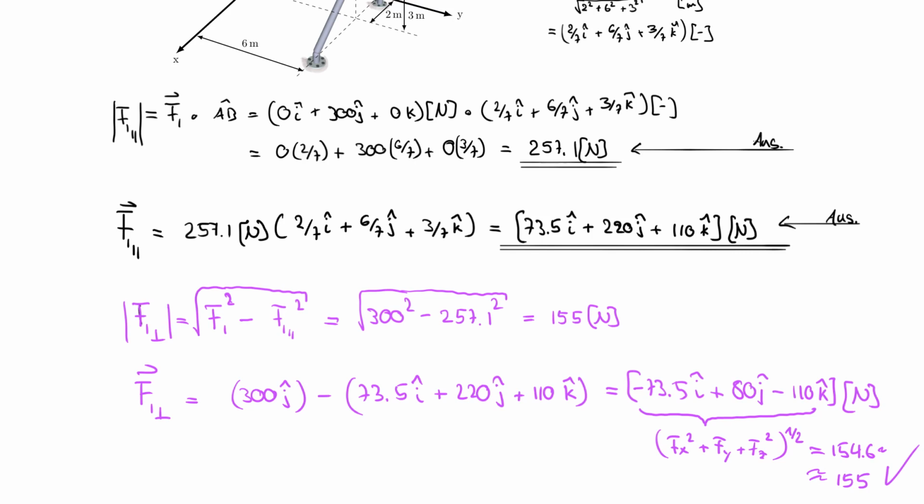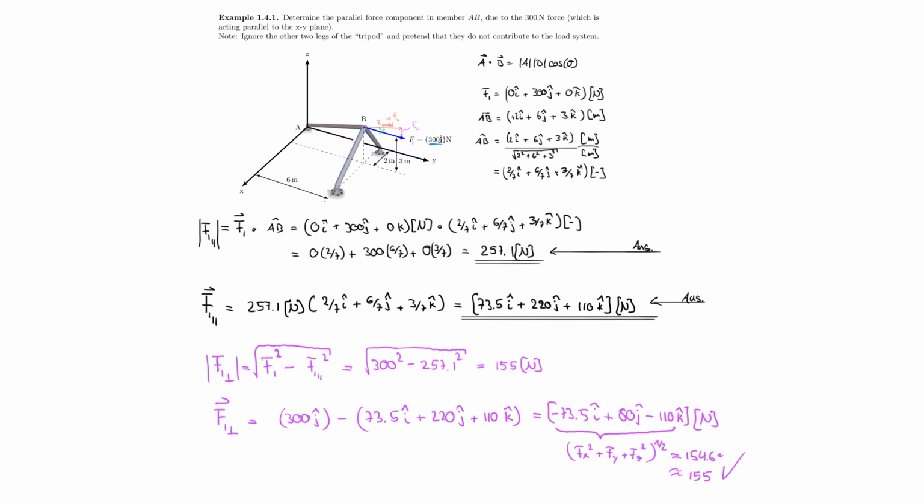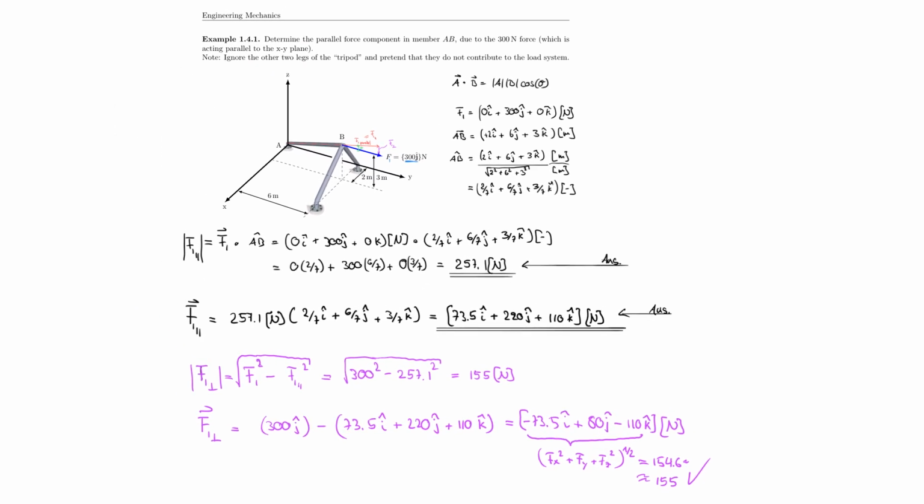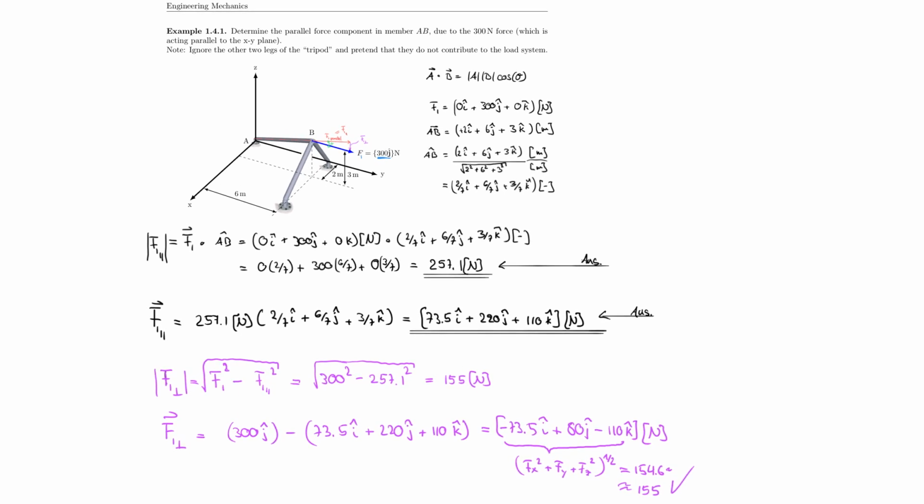So that gets a check. And therefore, we are now at the end of this problem, and we solved actually more than we were asked for, because we now have the parallel component and its perpendicular component. And I believe this is an important concept for engineers to understand.